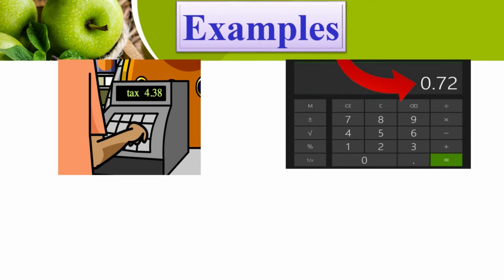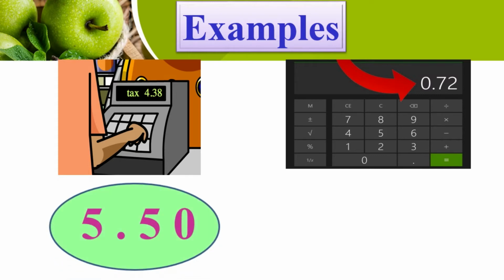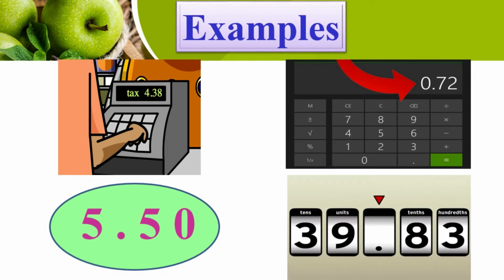First one, tax. We purchase many things. Finally, we get a bill. There the tax is mentioned, for example, 4.38, 5.50. Another example, calculator. Everyone uses a calculator at home. They add many numbers, for example, 39.83. These are examples of decimals.